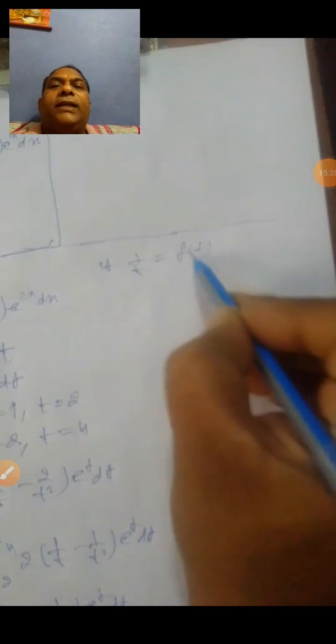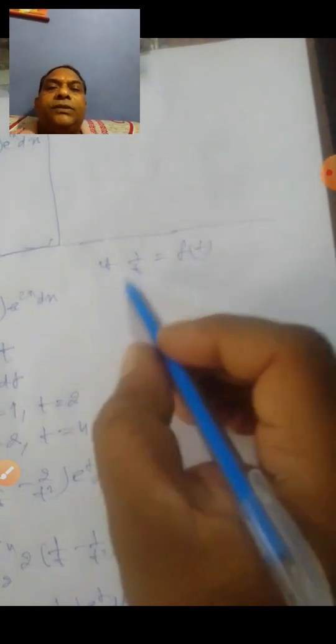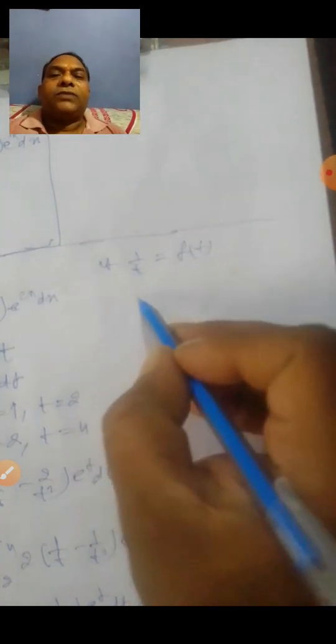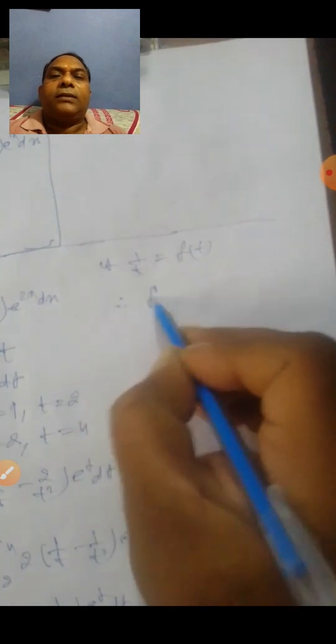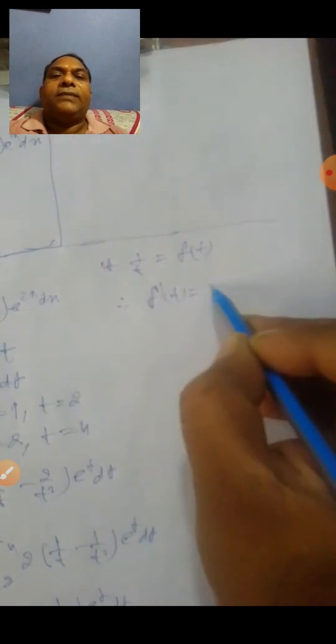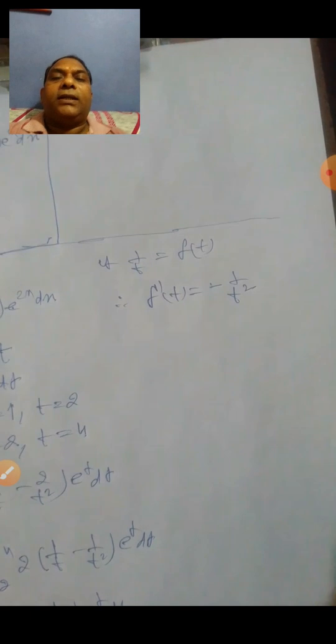So here let 1 by t be equal to f(t), then f dash t will be equal to minus 1 upon t square.